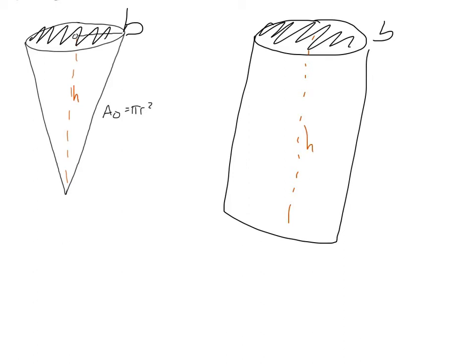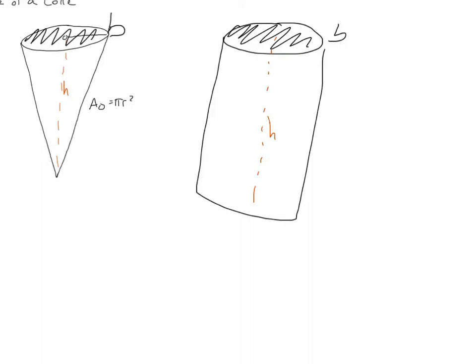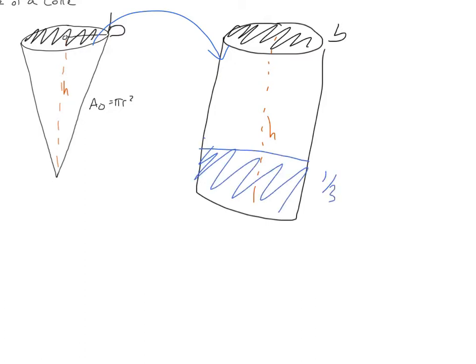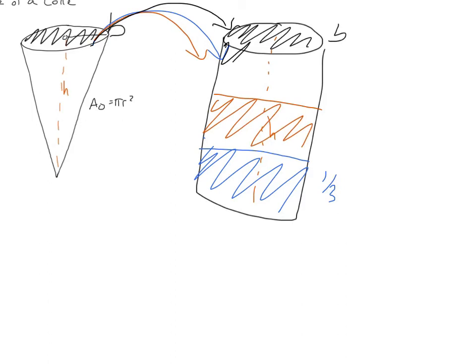If you filled this cone with sand and dumped it into the cylinder once, you will have filled it up 1/3 of the way. If you refill it and dump it in again, you will have filled it up 2/3 of the way, and you guessed it, if you refill this cone and dump it into the cylinder one last time, you will have filled it 3/3, or all of the way.